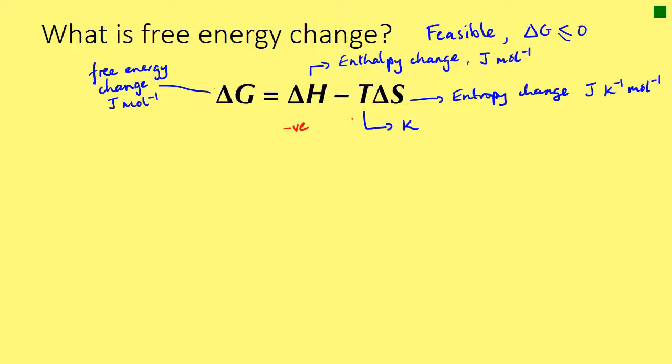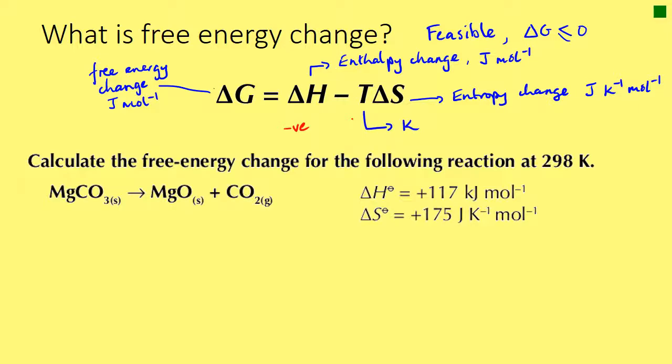So now why don't we use that equation to calculate a free energy change. Here's an example of a calculation we might have to do. We're calculating the free energy change for this reaction, magnesium carbonate decomposing into magnesium oxide and carbon dioxide.